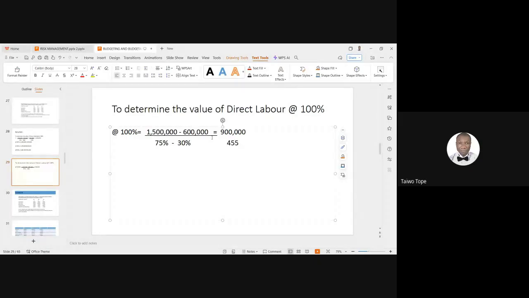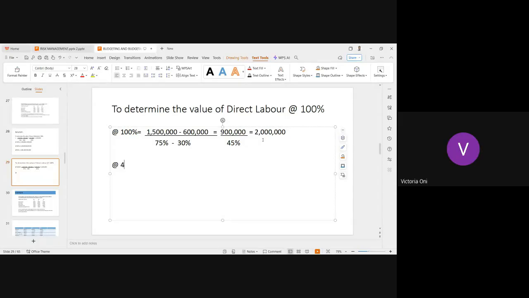So you have 2 million at 100%. Now, based on the question, at 40%, what will be the value of direct labor?